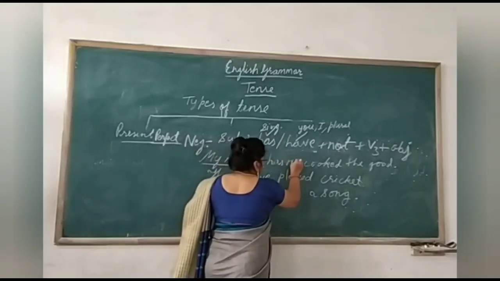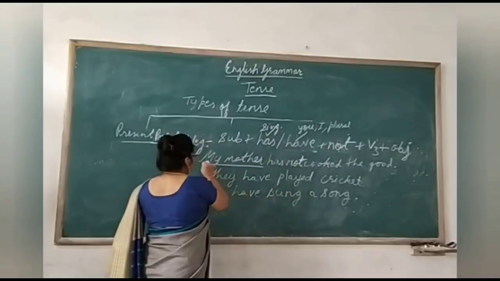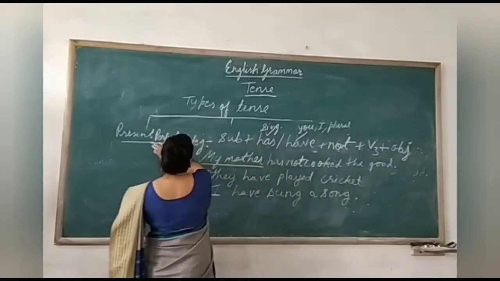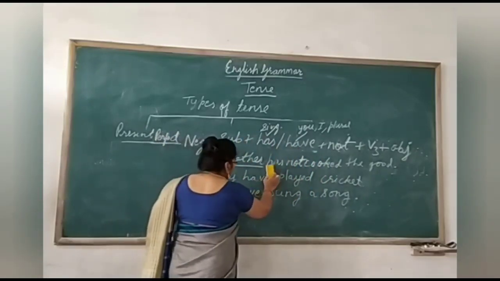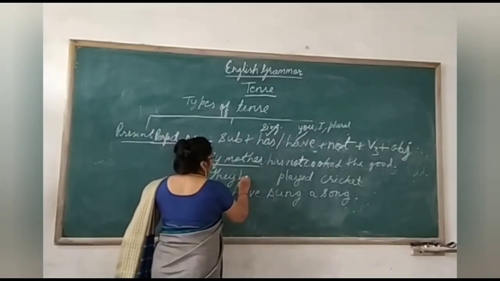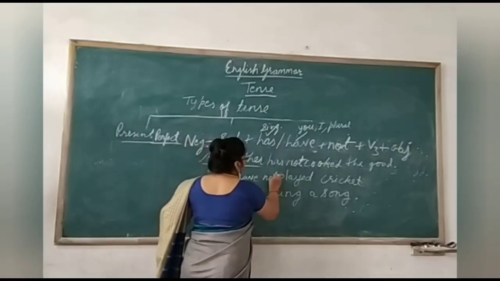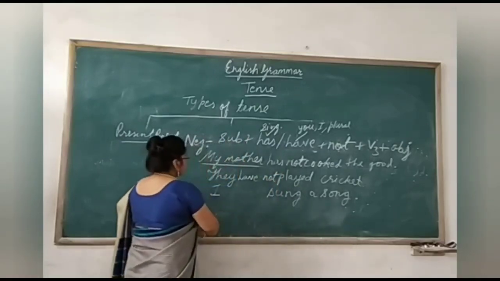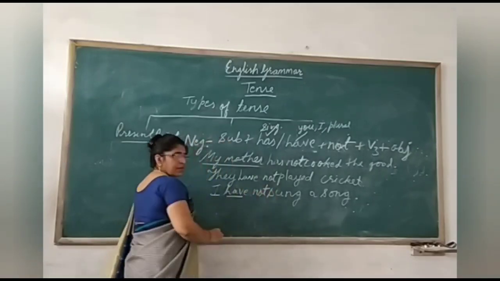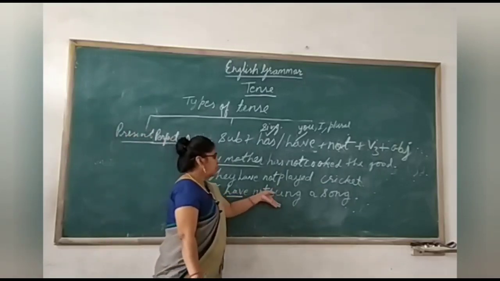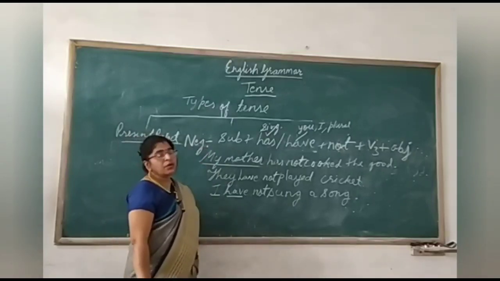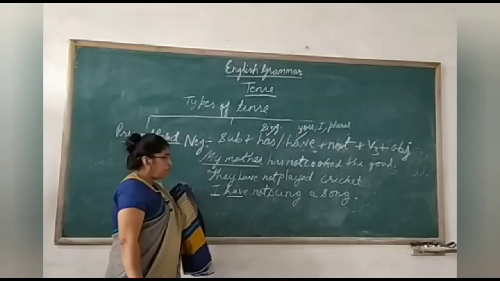After has. See here. Now the first sentence is converted into negative. Negative of what tense? Present perfect. And here also, if you want to convert the same sentence into negative, then they have, after have, you put not. Here also, I have, after have you put not. The sentence will be in negative. Clear? So this is the negative structure of present perfect tense.